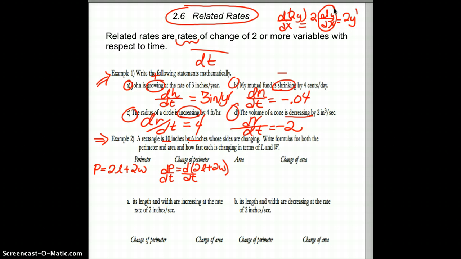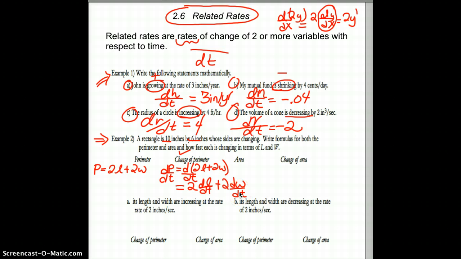But for related rates, we're going to keep that formal notation going, because that's what we're looking for, changes over time. So when I'm taking the derivative over here, what I've got would be 2 dL/dt plus 2 dW/dt, or 2 times the change in the length over time plus 2 times the change in the width over time.